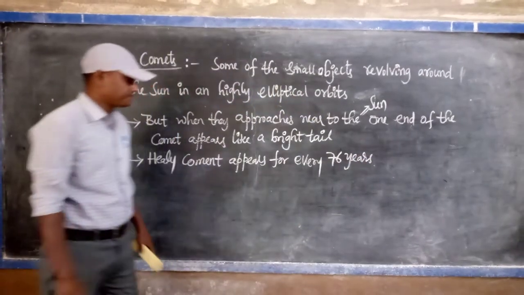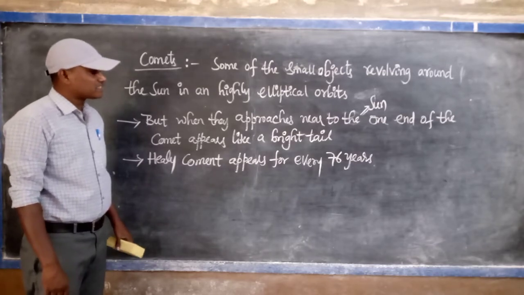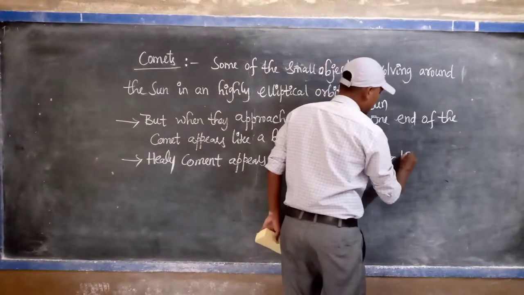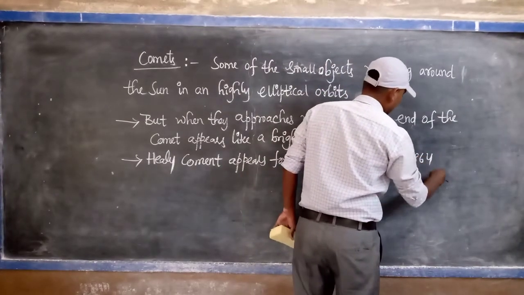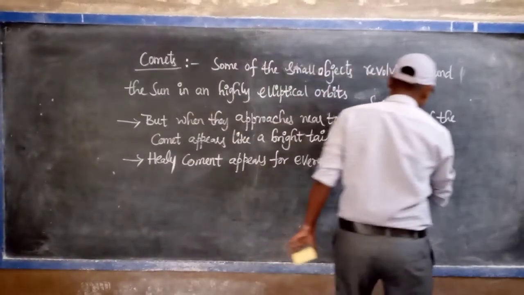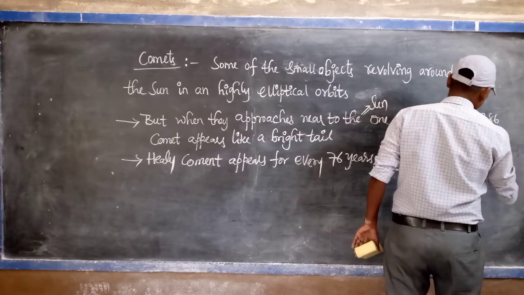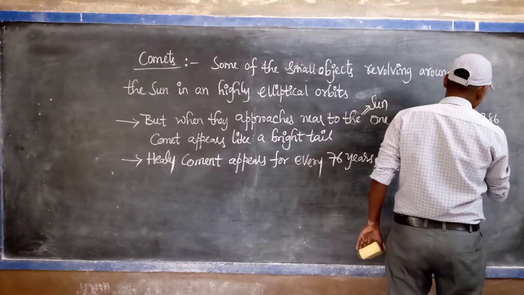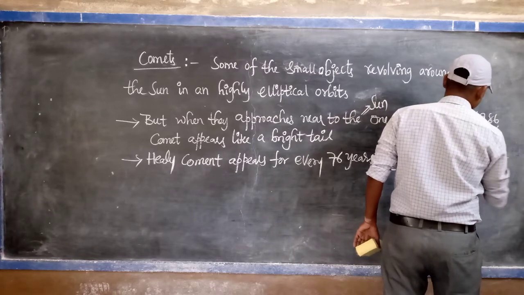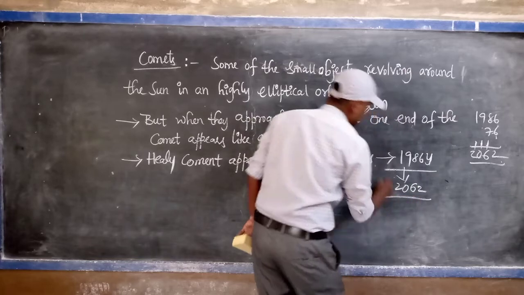Halley's comet appears every 76 years. Previously, in which year did it appear? In 1986. Again it appears in 2062.